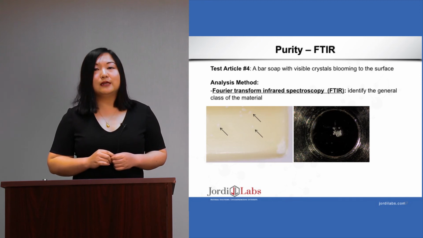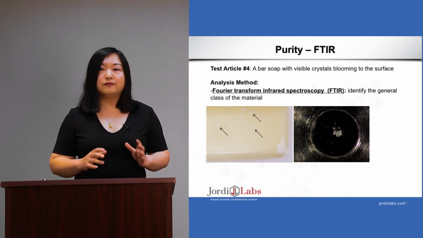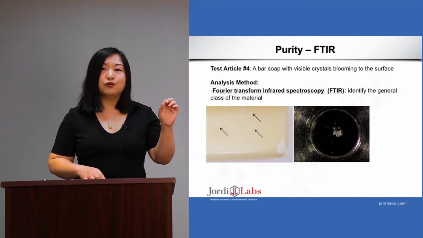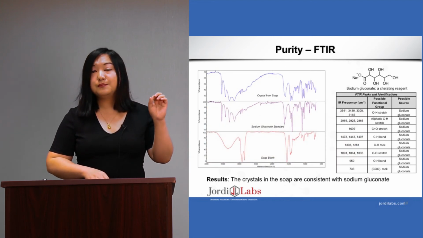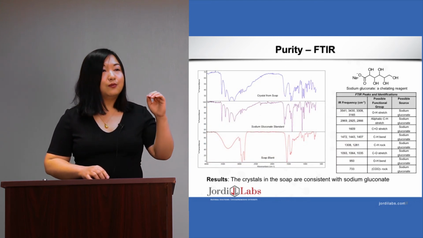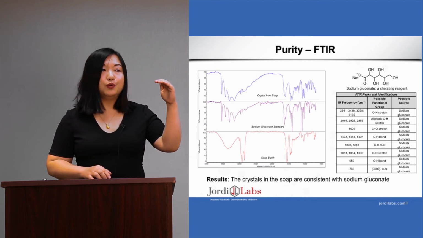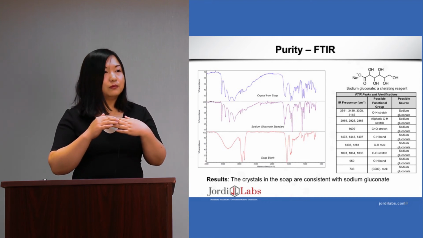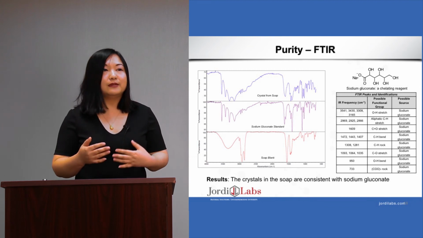What we use here is FTIR to look into the bulk chemistry of these crystals. We isolate the crystal from the soap, and we compare the FTIR spectra of these crystals with the soap product, which is shown in blue and red, and you can see the spectra are not quite the same. It indicates that they are different things.